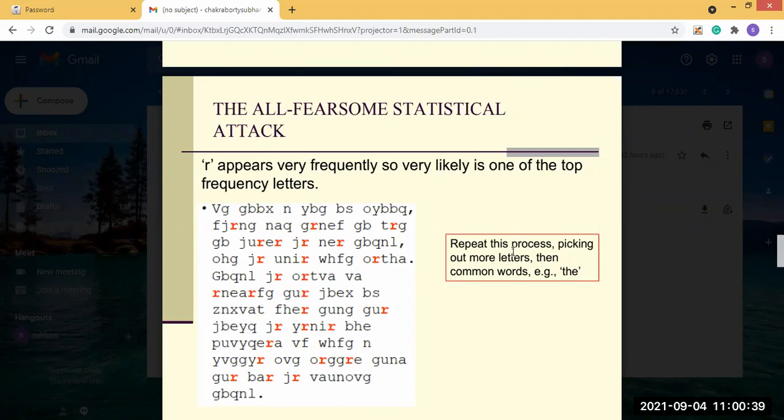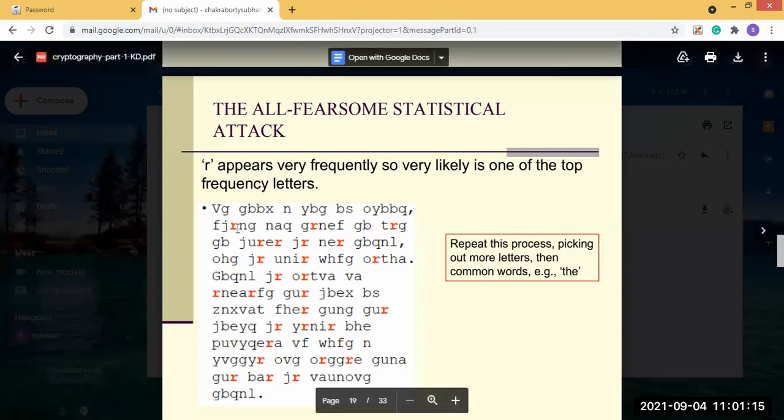Then they will not stop here. This is the process of how the attackers attack and how they convert the ciphertext and know the original message. Whenever the ciphertext is given to them, they will see whichever letter is coming very frequently, and that letter he or she will pick first.